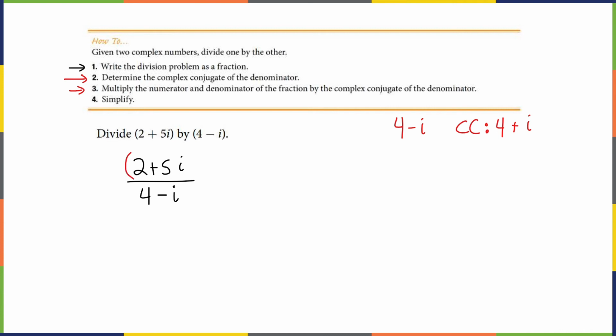So in order to do that, I have to put parentheses around both the numerator and denominator, and I'm going to multiply both by 4 plus i. Go ahead and take a moment to multiply out both the numerator and the denominator, and then we'll talk about simplifying them.